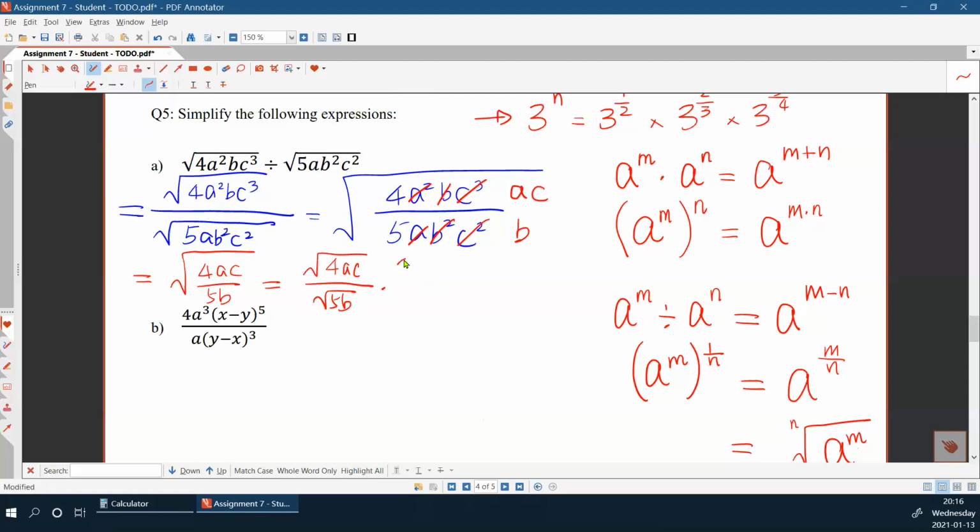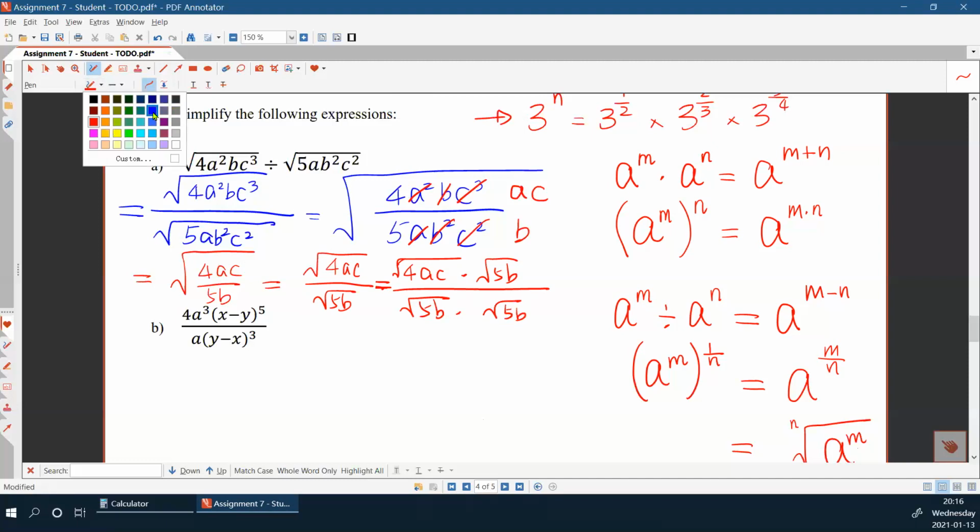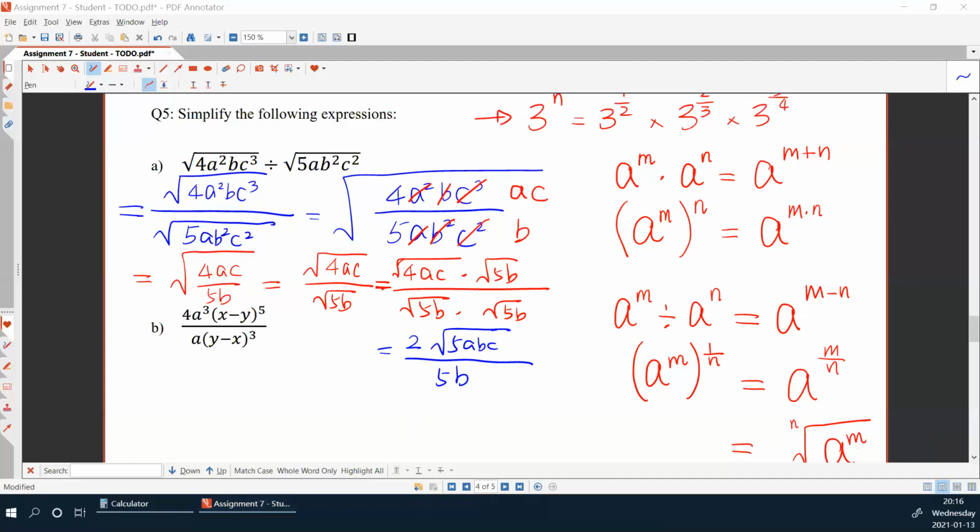Okay, now times square root of 5b for both the denominator and the numerator, which is 2 times square root of 5abc, and the square root, okay, 5b here, right? This is the final result. Can you see why you made a mistake here?